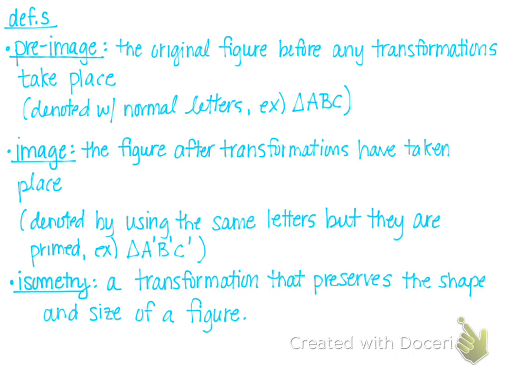So it's a transformation that preserves the shape and the size of the figure. So the original figure and the new figure, so the pre-image and the image, are the exact same. So the shape of our figure has not changed, it's not gotten bigger, hasn't gotten smaller. And it has the same shape and size.